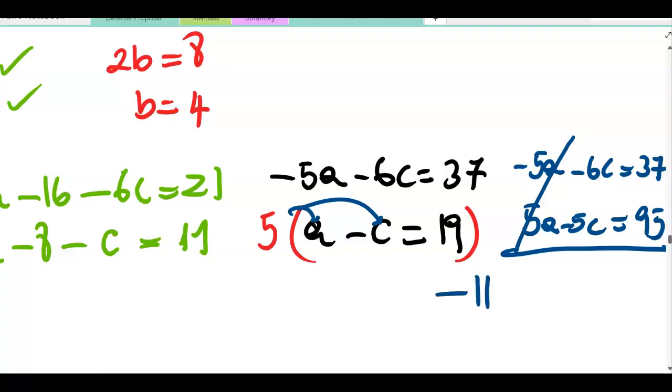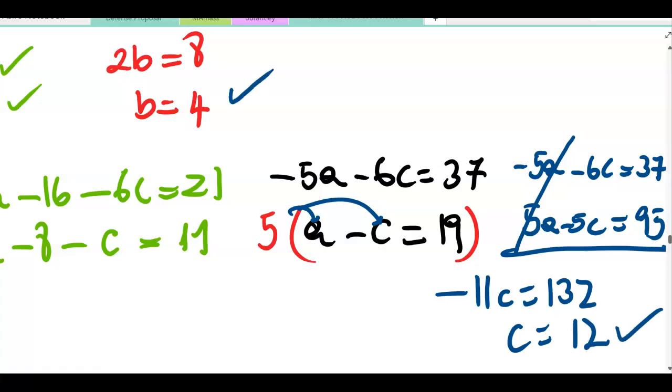I will have negative 11c here, 37 minus 95, that's negative 132. C will be equal to, divided by 11, negative 12. So I've got b, I've got c here. If you go ahead and plug in c here, a will be equal to 31.